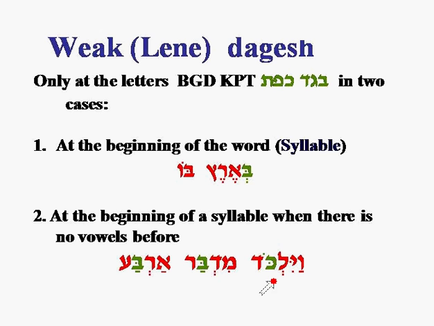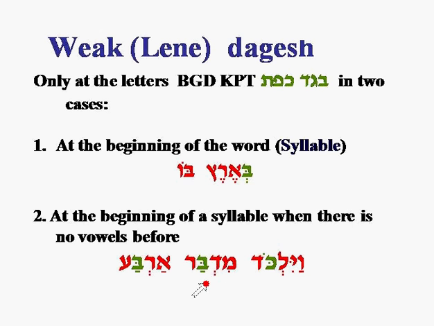So if we were to divide this word into syllables, we would see that one division would be here, Va'il Kod. So this is like the first letter in a new syllable. Therefore, we again expect to see a Lene Dagesh here.